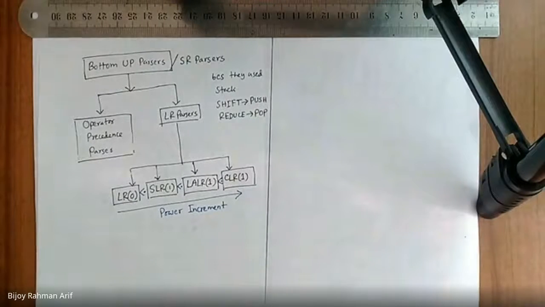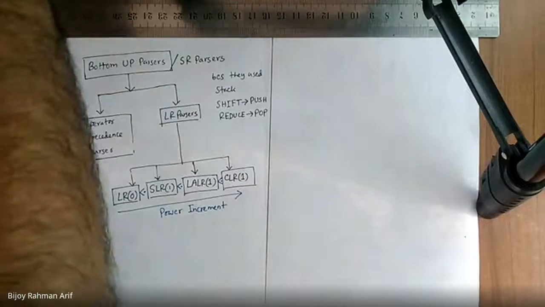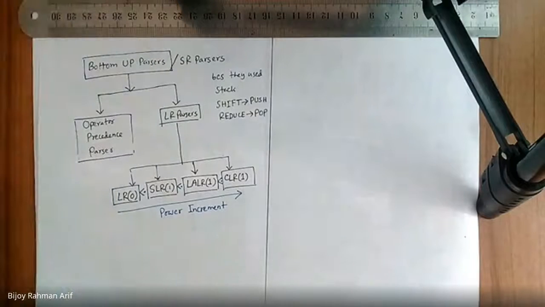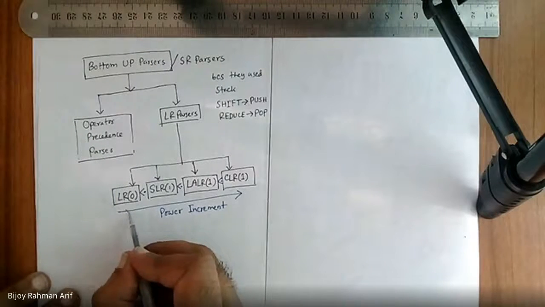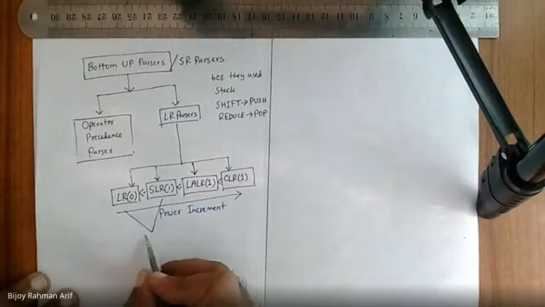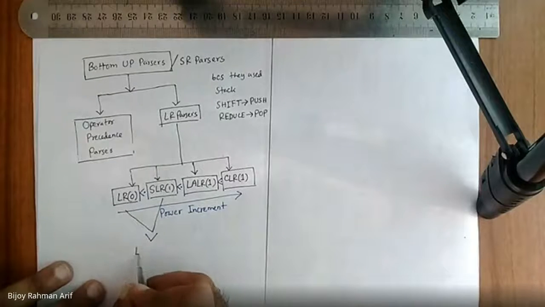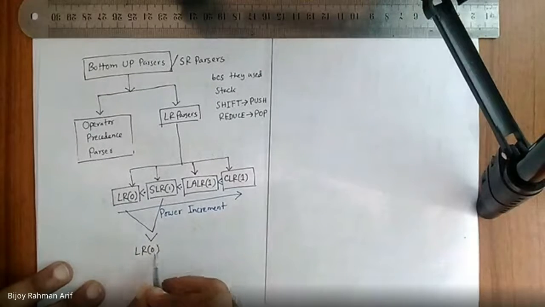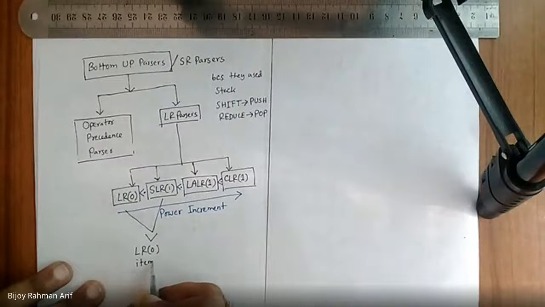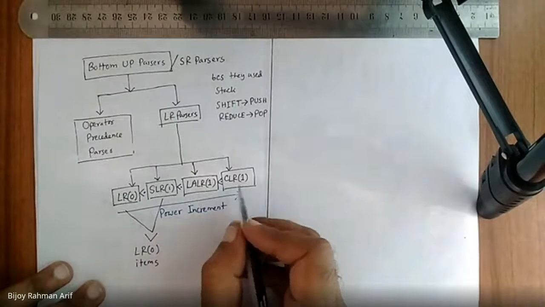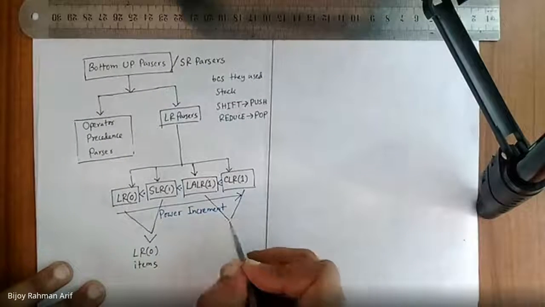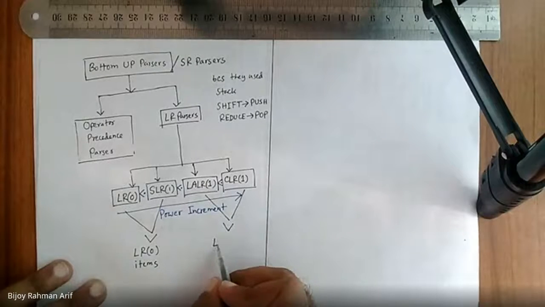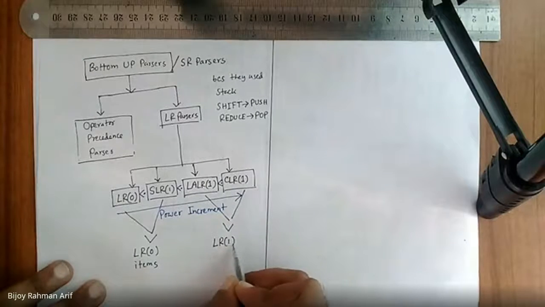So today we'll study LR0. Remember, LR0 and SLR1 use one special technique that is called LR0 items. And LALR1 and CLR1 use another special technique. They are called LR1 items.